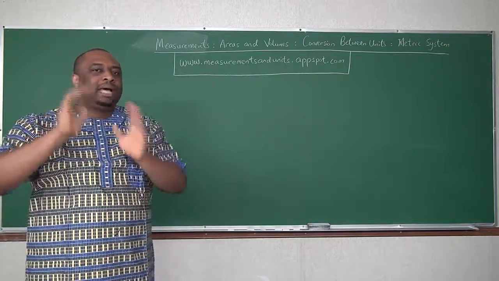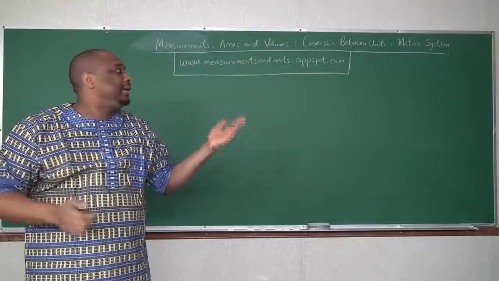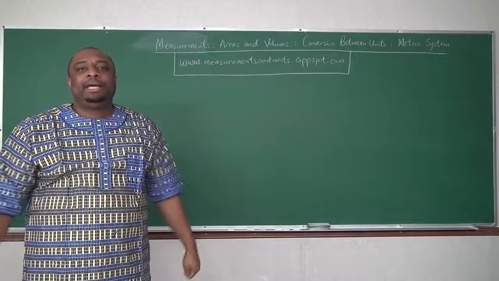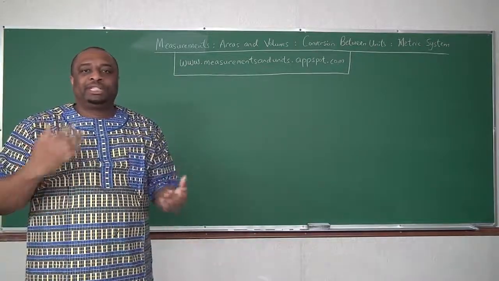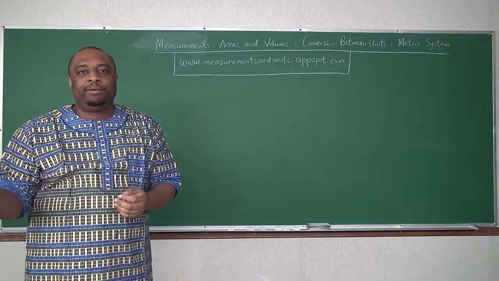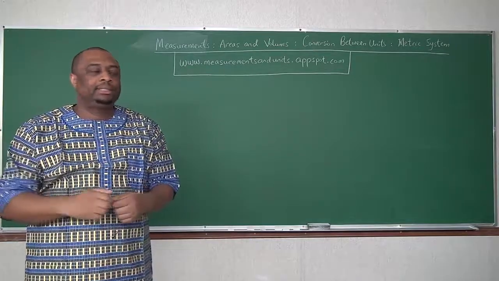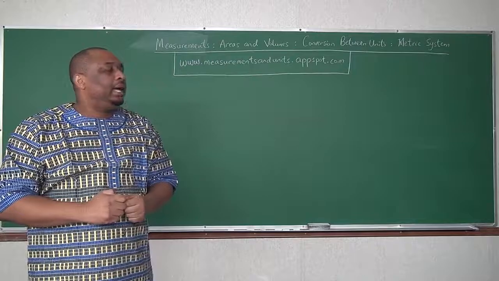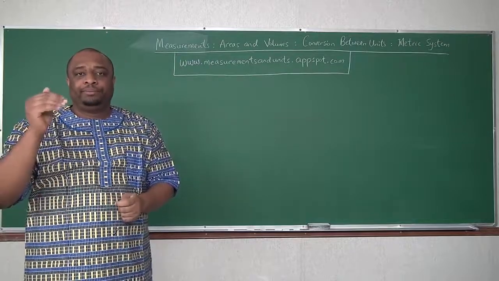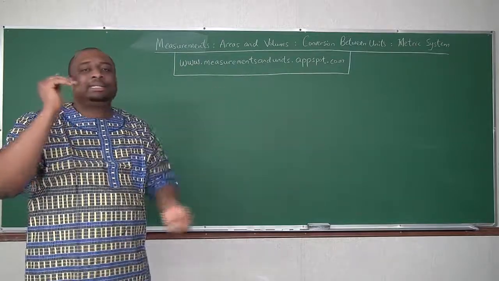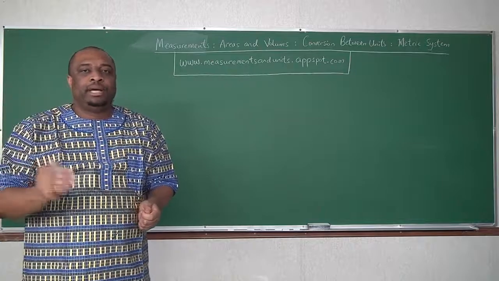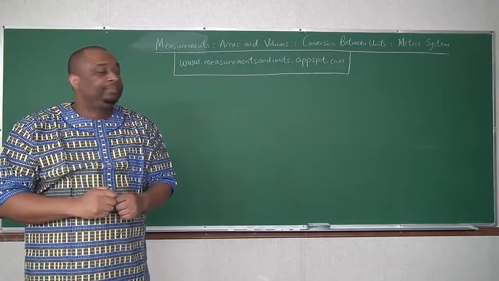That is why the metric system is pretty much easier than the customary unit, the US unit. So you need to view the videos in order. On the metric system, you need to view them in order, and they are on my website.